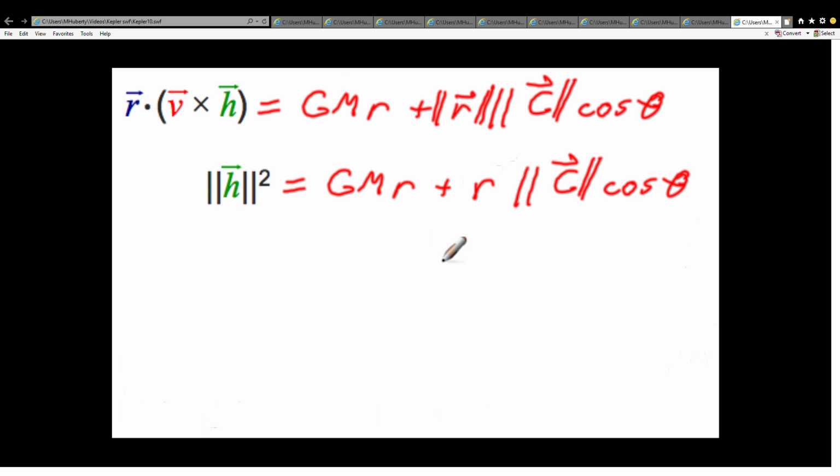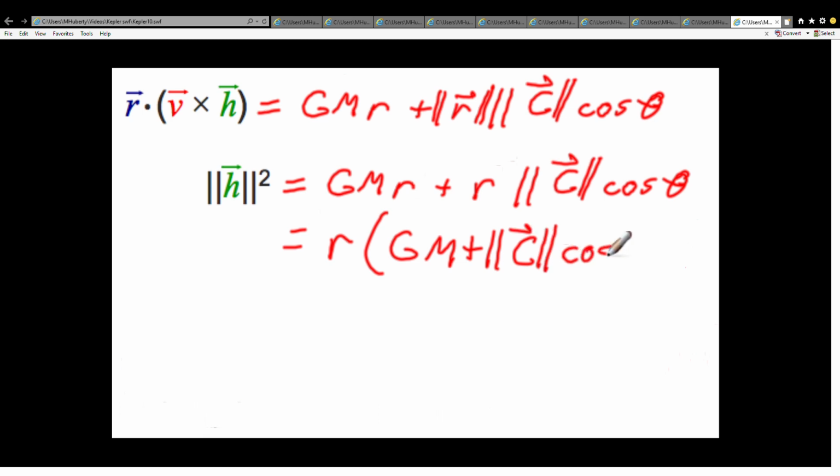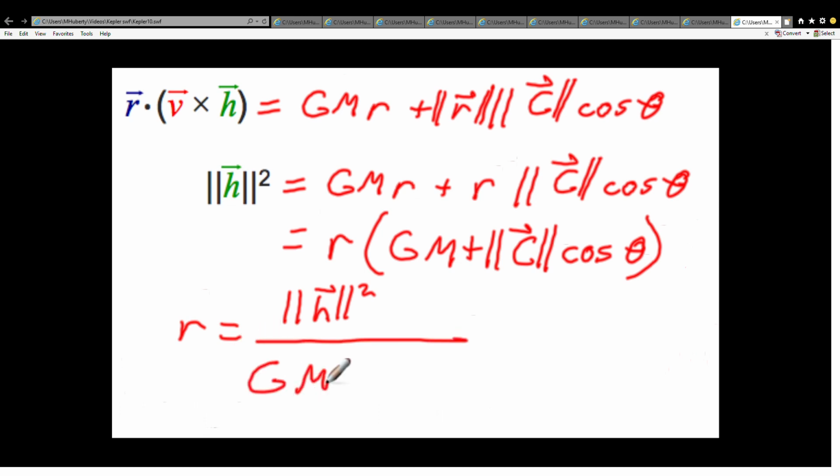Both these terms have r in them, so we factor out r, and we're left with GM plus the magnitude of the constant vector c times the cosine of theta, and that's equal to the magnitude of h squared. Solving this for r, r is the magnitude of vector h squared over GM plus the magnitude of vector c times the cosine of theta.